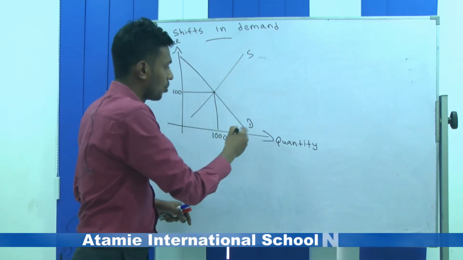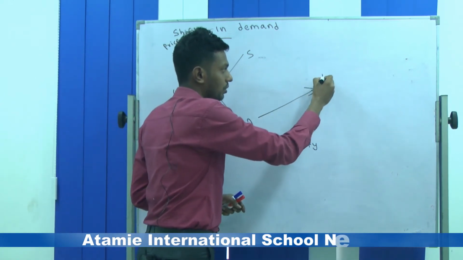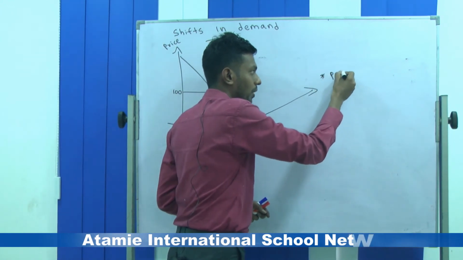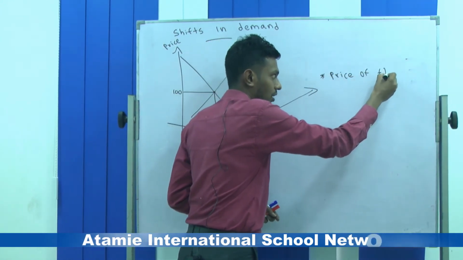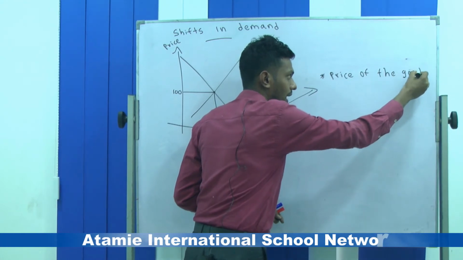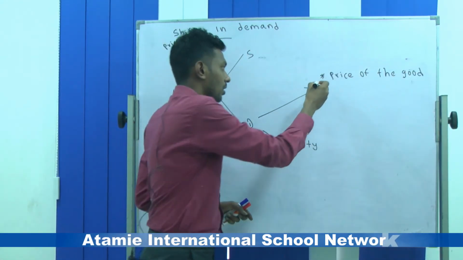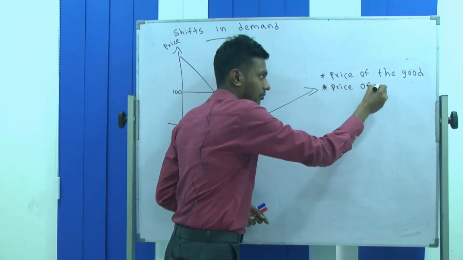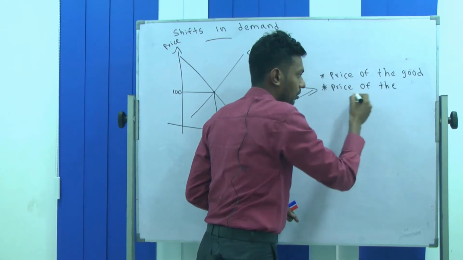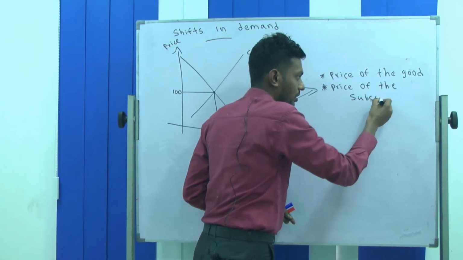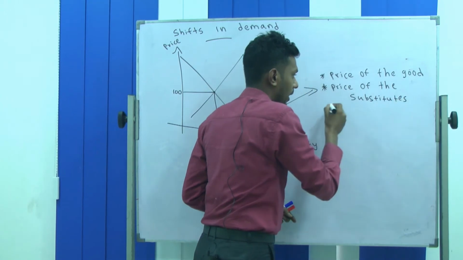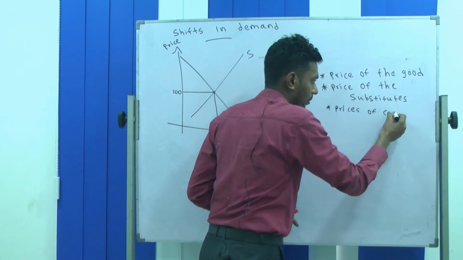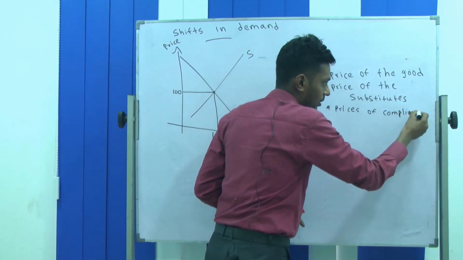A particular good's demand depends on the price of the good. When you go to buy a good, first of all, you will look into the price of that particular good. Second, the price of other goods. There are two other kinds of goods, known as substitutes and complements.